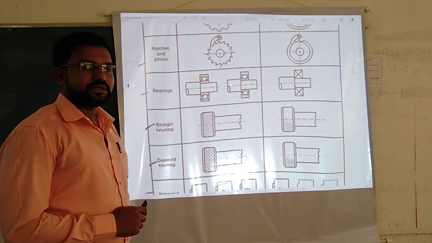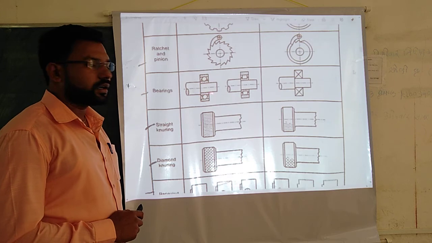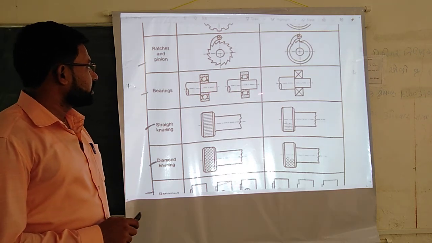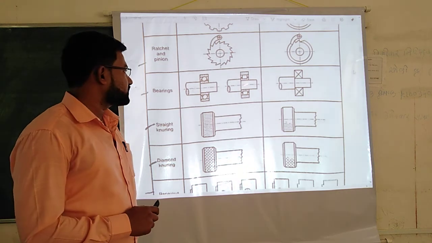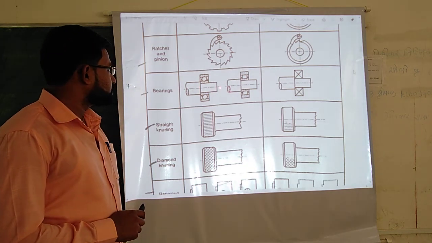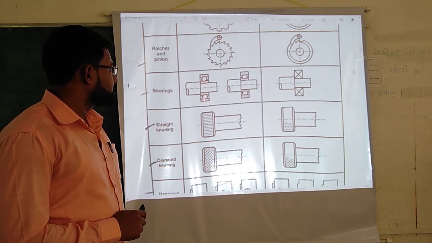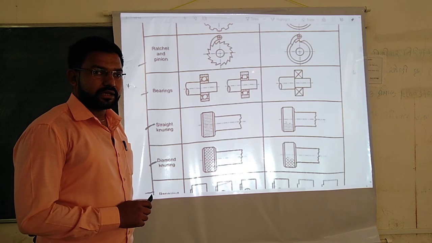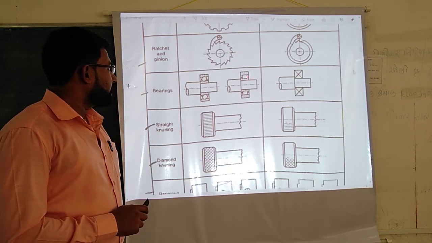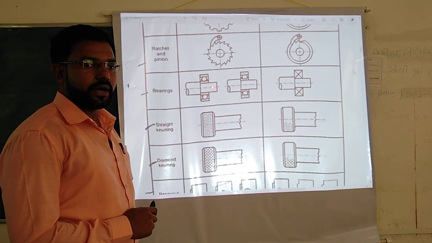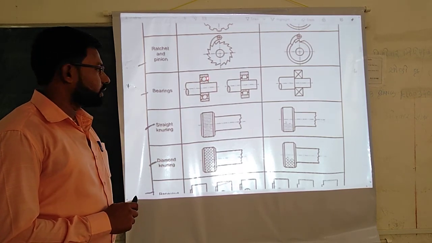Mostly these shafts are used for transmitting power, and these two shafts are continuously rotating. To support these two shafts at two ends, this bearing is used. So the bearing will take the load of the shaft, and in this bearing there are a number of balls provided. So these balls are rotating.